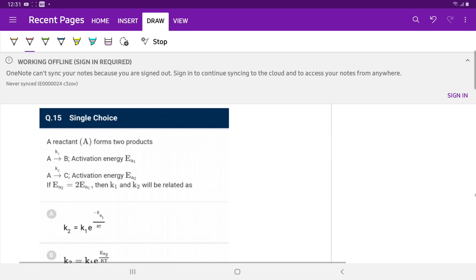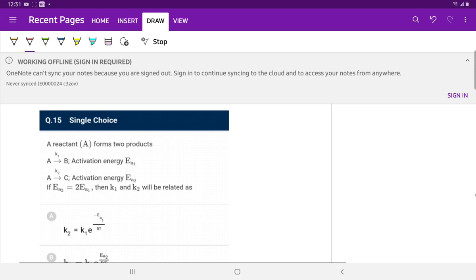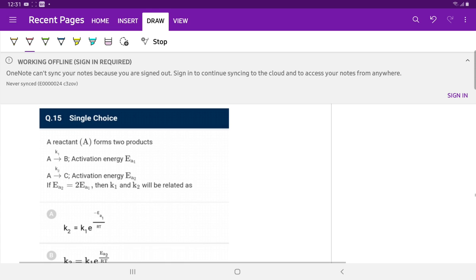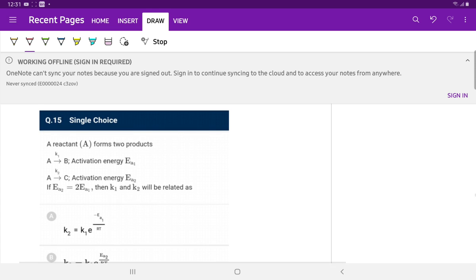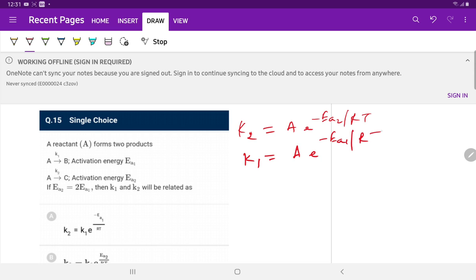Question number 15. A reaction A forms 2 products. If EA2 is equal to 2 times EA1, then K1 and K2 will be related as, we know very well that K2 is equal to A e raised to the power minus EA2 by RT, and K1 is equal to A e raised to the power minus EA1 by RT.